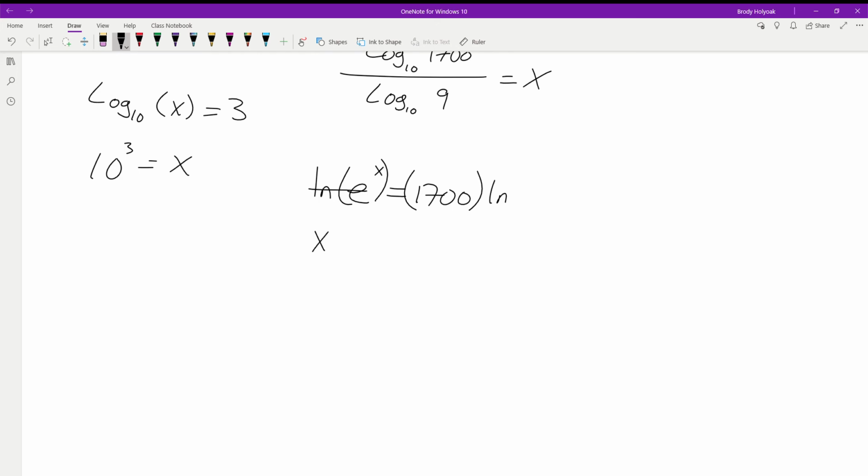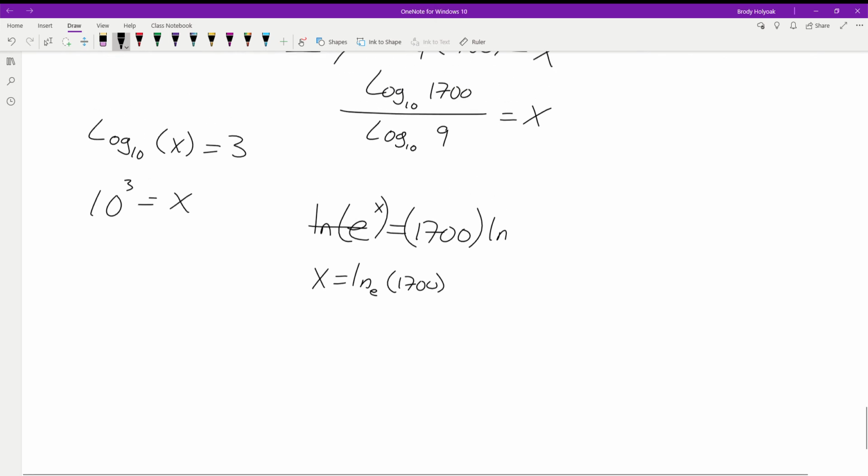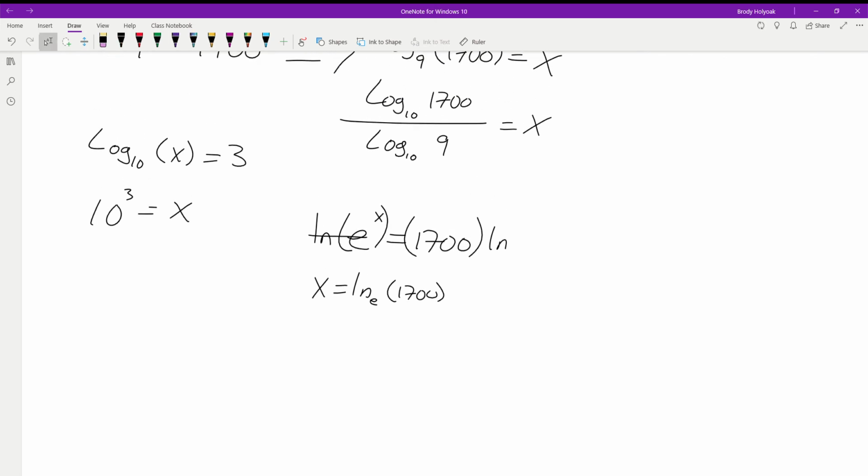So we're going to have x is equal to the natural log, base e, of 1700. And we can solve for that. All we're doing is canceling and moving logs to get this exponent to drop. Just like we did with these guys. If we put the log of this guy, the 10 is going to fall away, and we're left with the log base 10 over here.